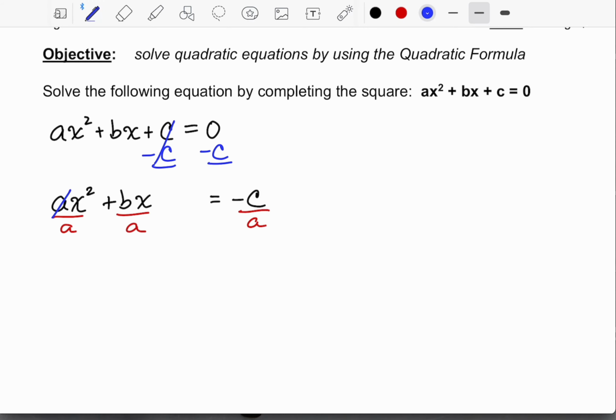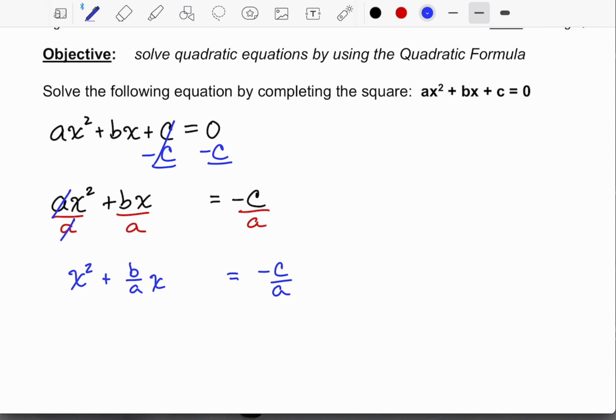So that part is nice, but unfortunately, that's the only part that's nice. x squared plus b over a x, leave a little space to complete the square, is equal to negative c over a.